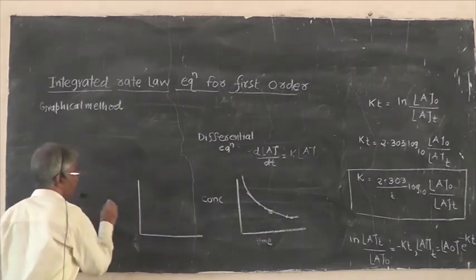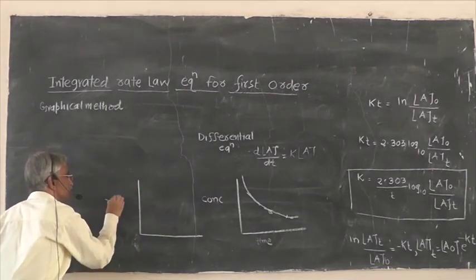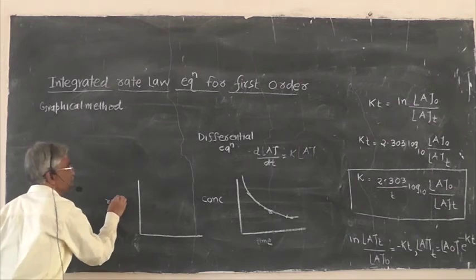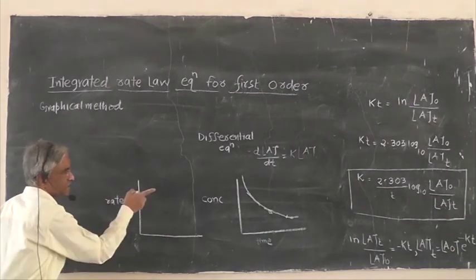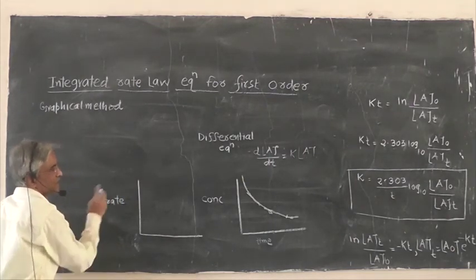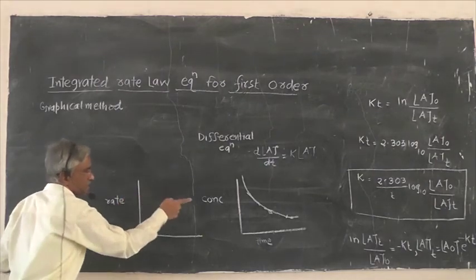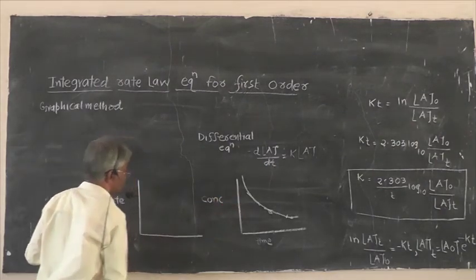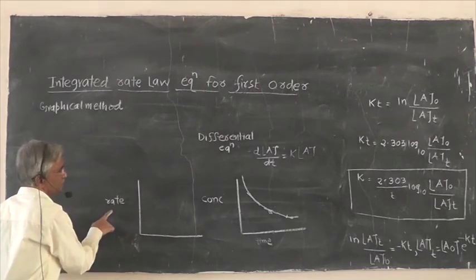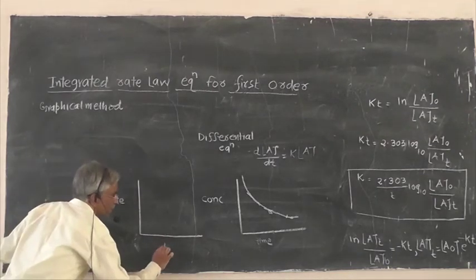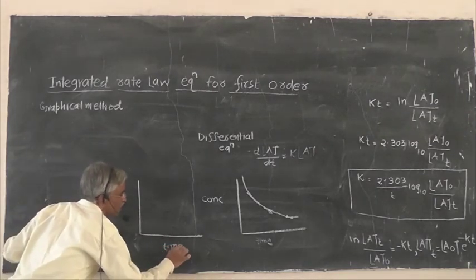This is first. After plotting the instantaneous rate of reaction, we go for a graph. We have obtained a rate. Now the second step: the rate of reaction which we have obtained from that differential form and graphical method, by obtaining the graph from experiment, then we plot a graph between the rate of reaction and time.